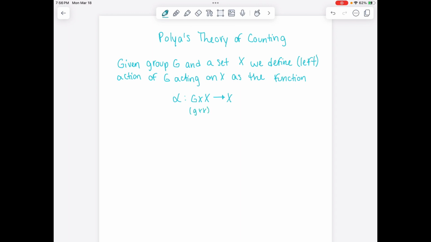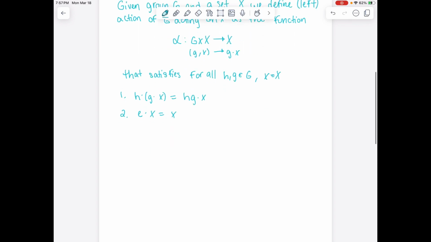G cross X, or G comma X, becomes G acting on X, and alpha needs to satisfy, for all h, g in G and for all x in X: one, h acting on g acting on x is hg acting on x, and two, the identity acting on any element will keep that element the same.